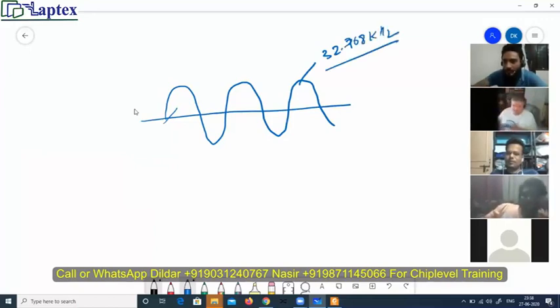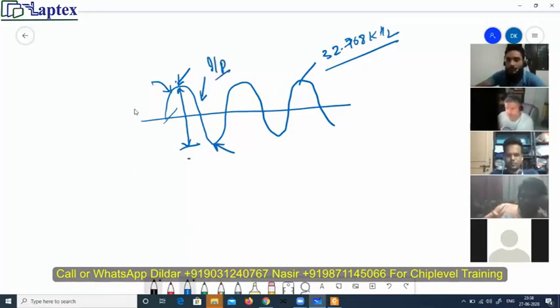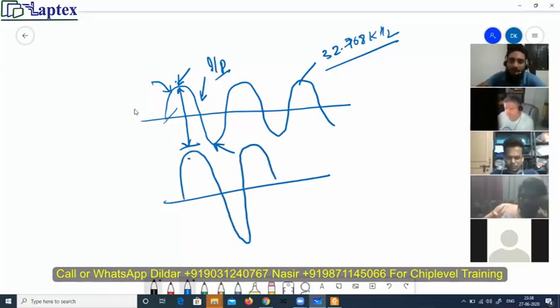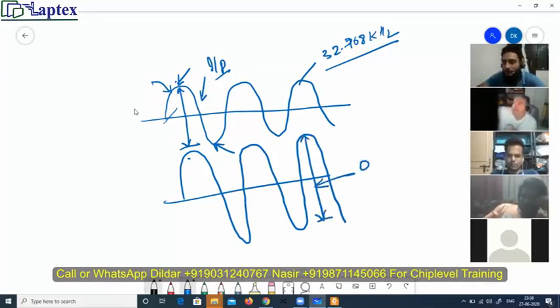I'll tell you a way to understand which is the input and which is the output. At the input, you will have a lesser peak to peak value. This is a peak, this is another peak. If the peak to peak value is low, then it is the input. When you have a peak to peak value higher than that, then this is the output.